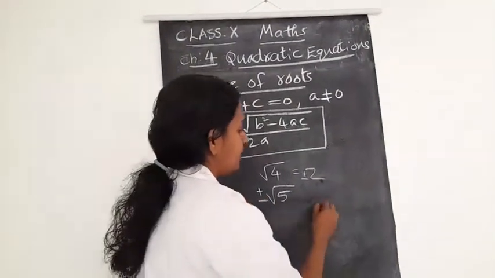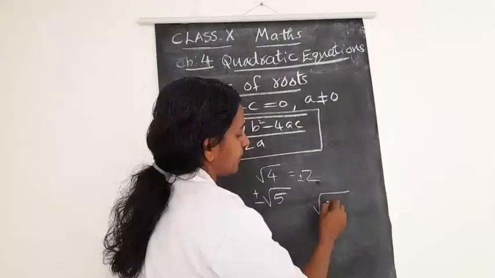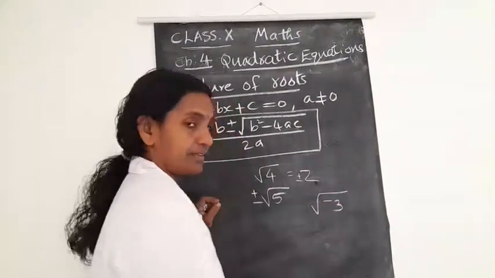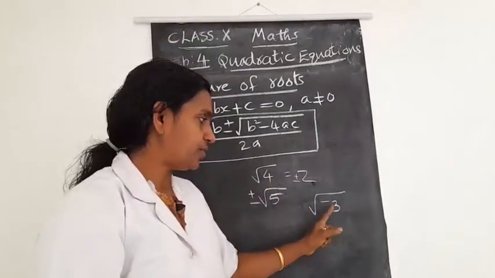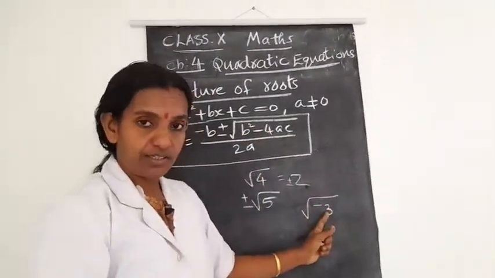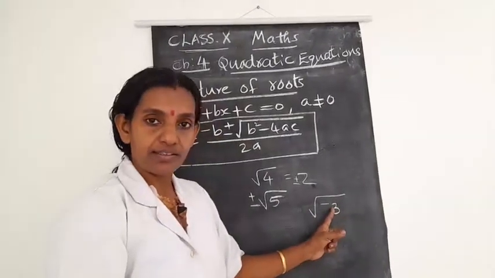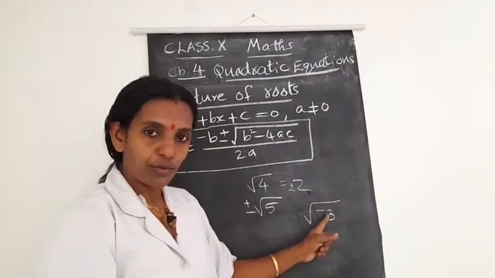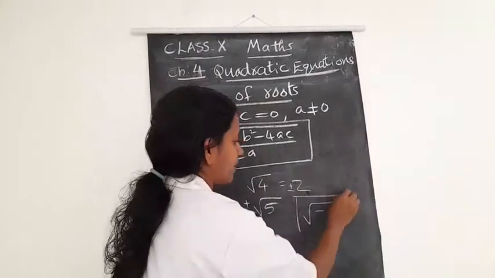What if the number in the square root symbol is negative 3? Suppose we get the value of b² − 4ac as negative 3. Then the square root of negative 3, can you find this? No, it is not a real number.